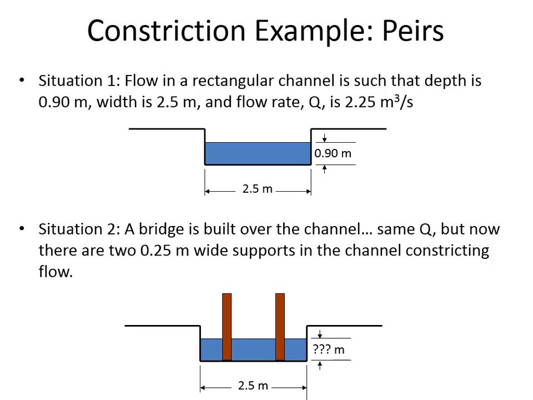So we can find the velocity at 1 is going to be the flow rate divided by the area at 1, 2.25 cubic meters per second, and the area is 2.5 meters of width and 0.9 meters of depth, so it's 1 meter per second is the flow velocity at 1, and therefore the energy at 1 is the depth at 1 plus v squared divided by 2g.